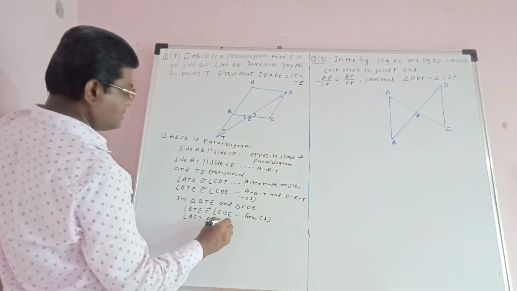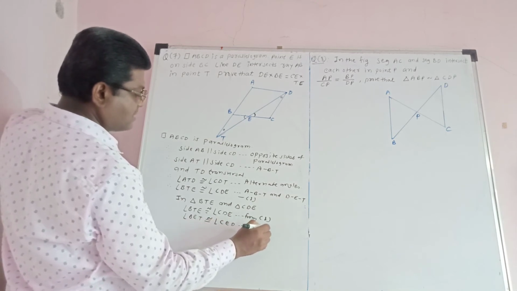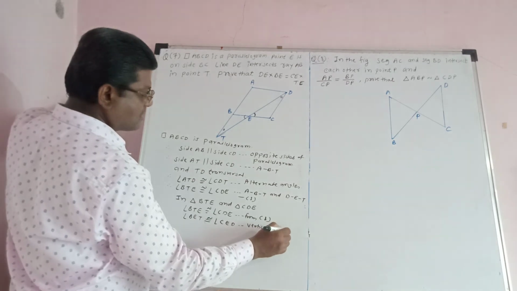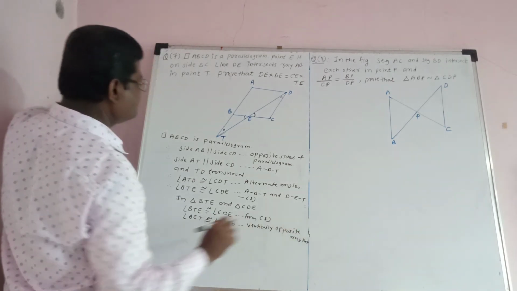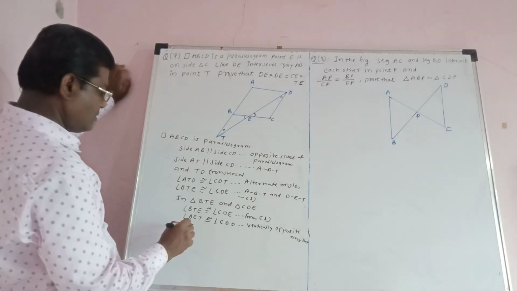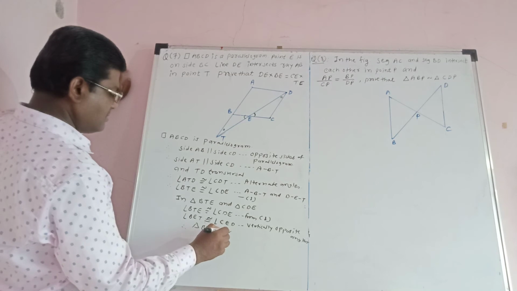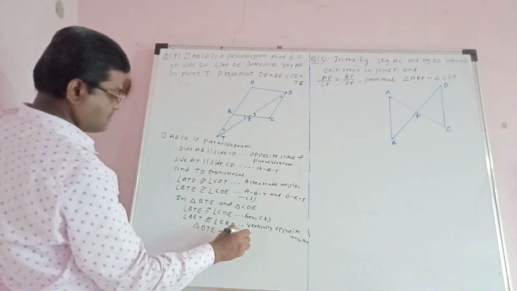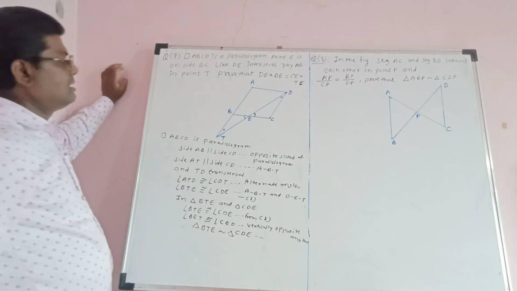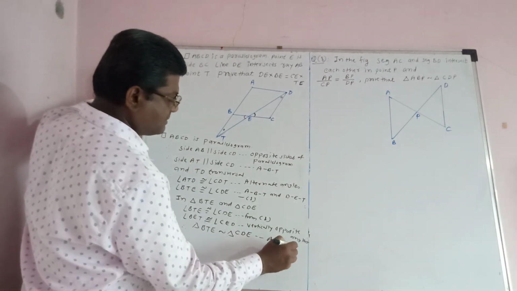These are vertically opposite angles. Therefore triangle BTE is similar to triangle CDE by the AA test of similarity.